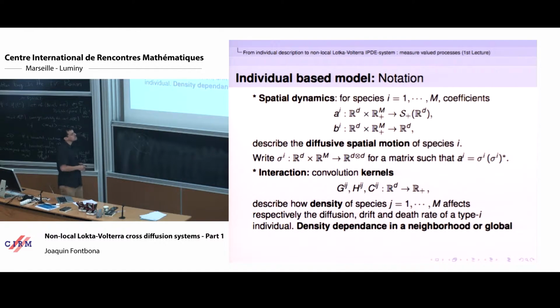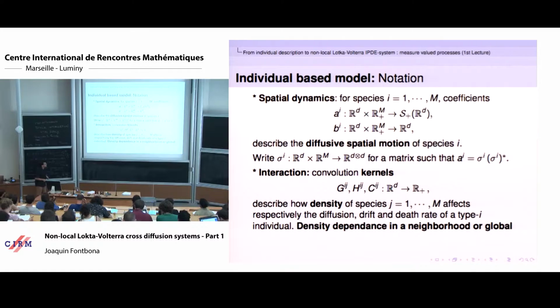In principle, this density dependence could take place at different scales. You might think, for instance, of kernels which decay fast, but you could also take a constant kernel. In that case, I will be considering a global dependence on the other population.